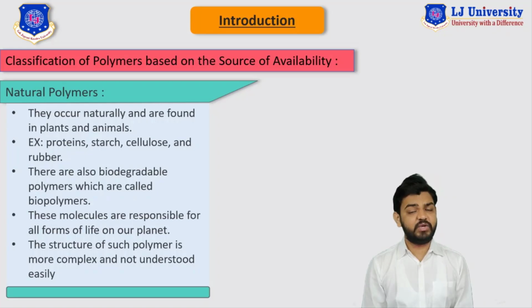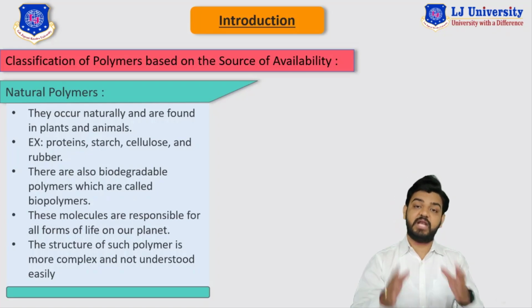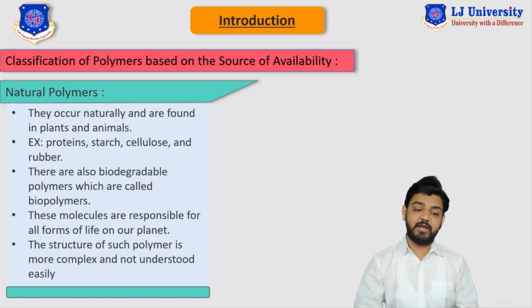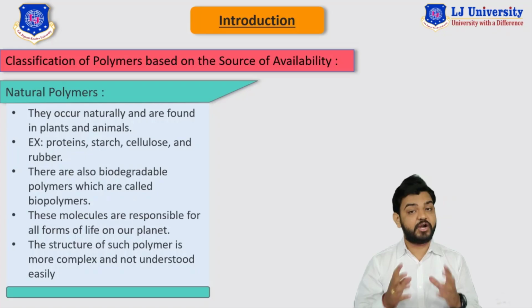Here on the screen you can see that we define natural polymers as those that can be derived from or occur in nature. These natural polymers are naturally found in plants and animals. Classic examples of natural polymers are protein, starch, cellulose and rubber.